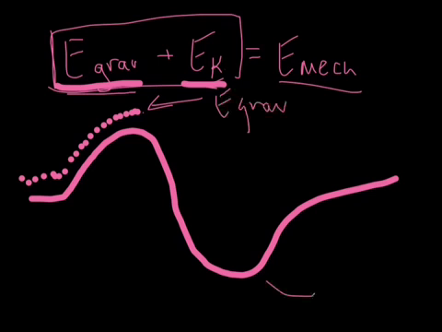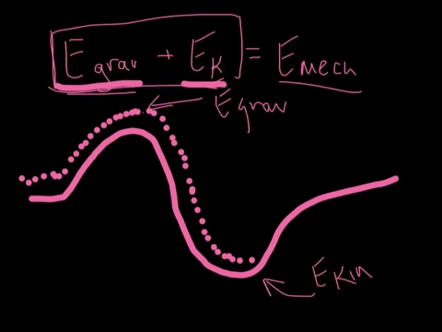But when we get to the bottom of the roller coaster, all of that gravitational potential energy has been turned into kinetic energy. And the kinetic energy is going to be at its peak, well, ironically, at the bottom of the roller coaster. The roller coaster is traveling the fastest, and it has maximum kinetic energy.